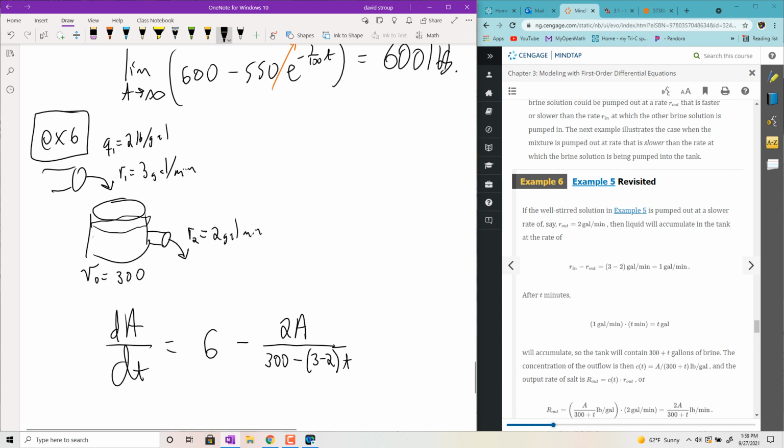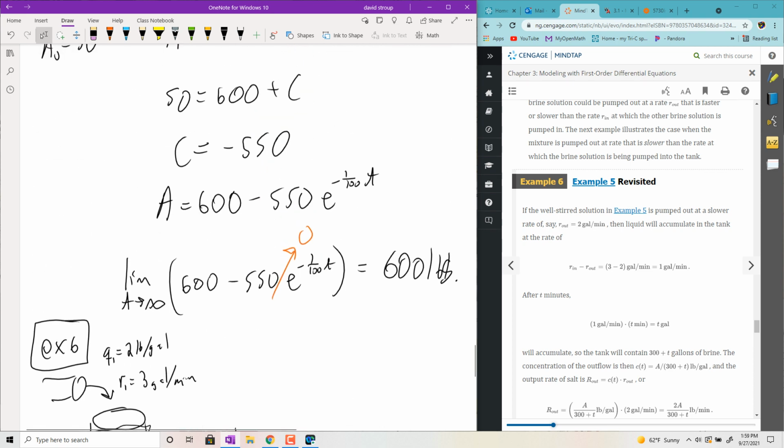So when you form your equation, you can see mine's wrong because I went 300 minus; it'll be minus 1. In my model, it's actually the other way around, right? I'm losing one gallon per minute. So I need to change it into R2 minus R1. And then it'll be gaining that 1 gallon per minute.